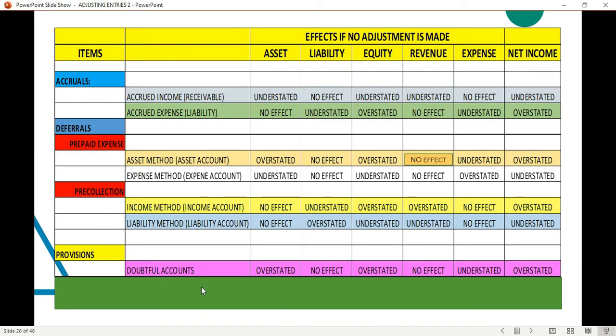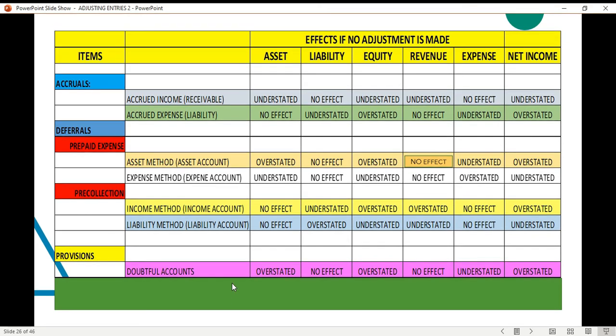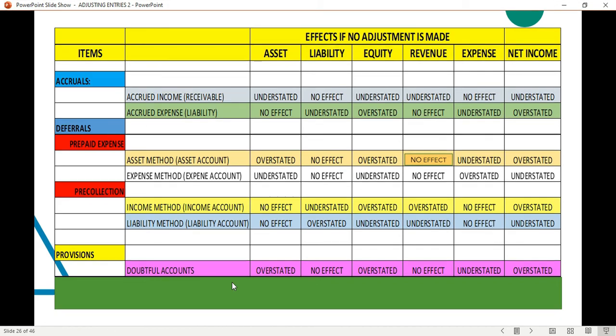Now, what will happen if the company were not able to recognize doubtful accounts? Take note, the accounts affected will be asset and expense. What will happen to your asset?